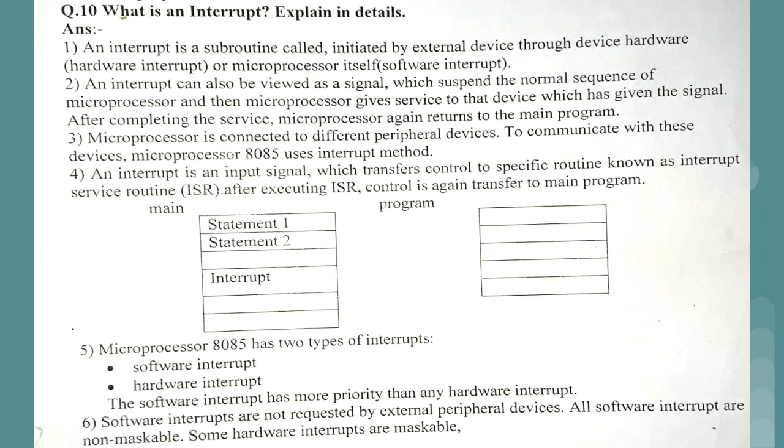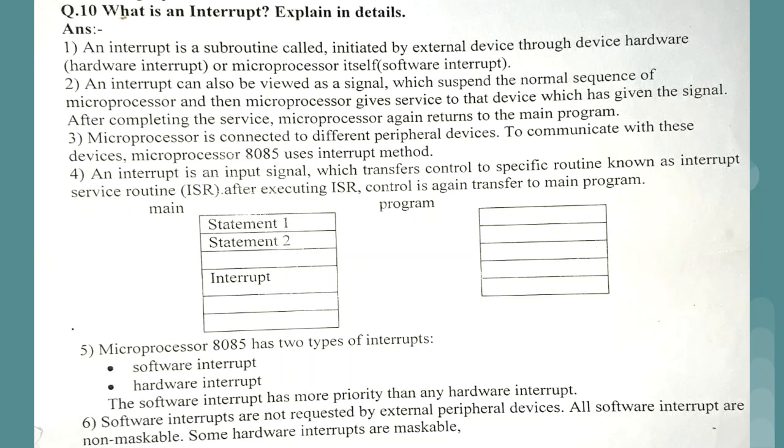An interrupt can also be viewed as a signal which suspends the normal sequence of the microprocessor, and then the microprocessor gives service to the device which has given the signal. If some external device generates the signal, then after that interrupt the microprocessor should reply in a certain manner. That reply is given by the signal at a specific pin.